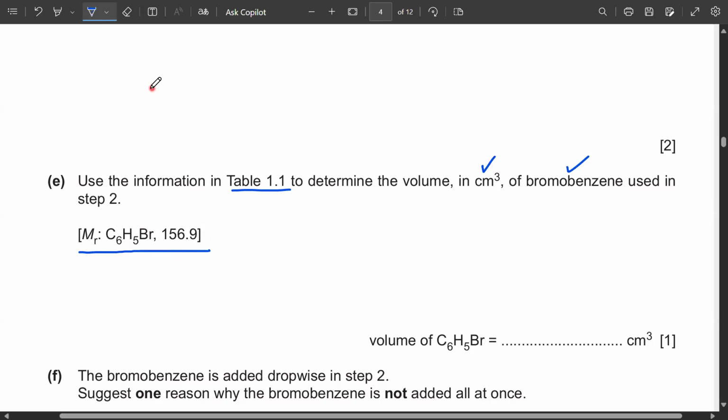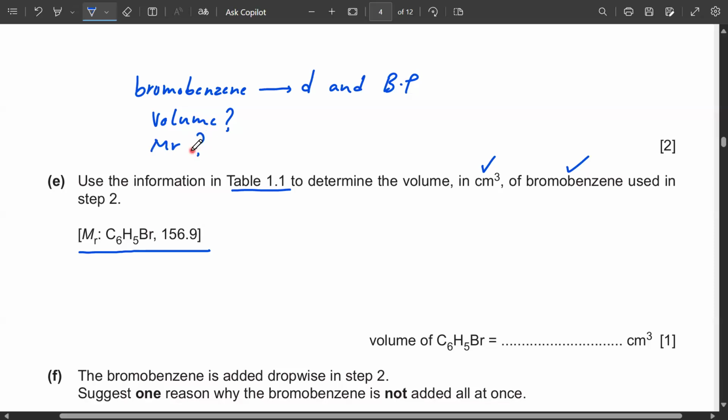I would say that bromobenzene has the information of density and boiling point in that table. I'm not writing the values, I'm just saying that density and boiling point are mentioned in the table. Now you have to calculate the volume, and you are also given the MR of this compound.